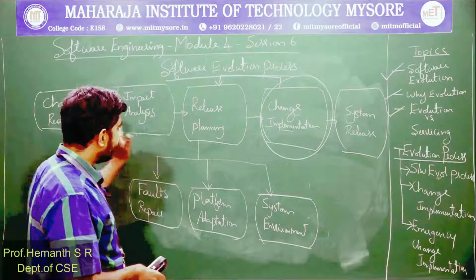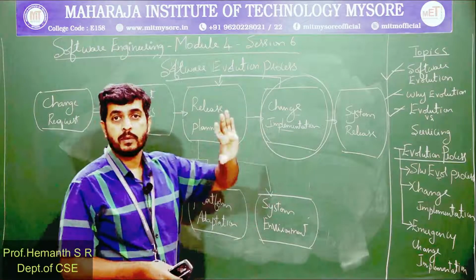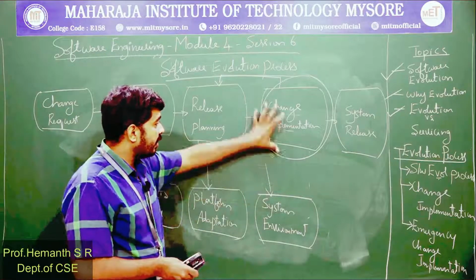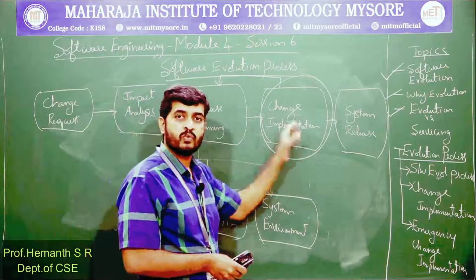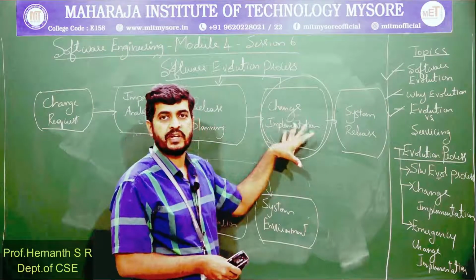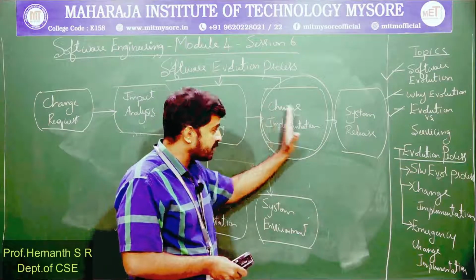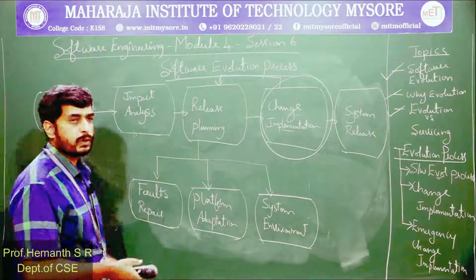We understood the different steps or stages, and one of the major stages is change implementation. Now we will try to visualize the different steps or stages within change implementation. Change implementation has a few smaller stages within itself. We'll try to explore that.